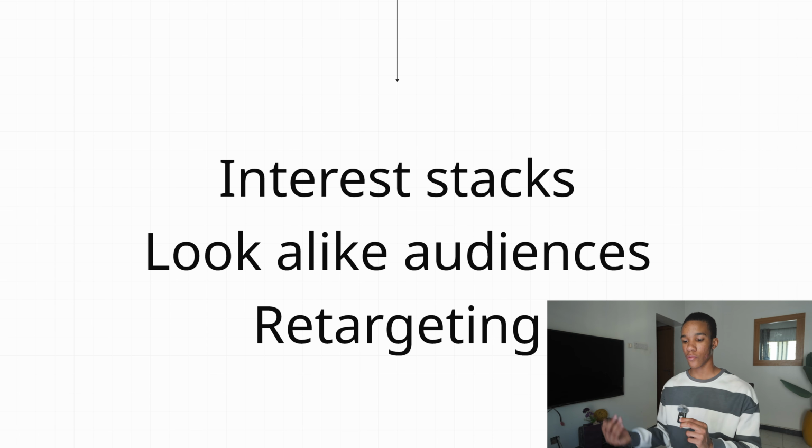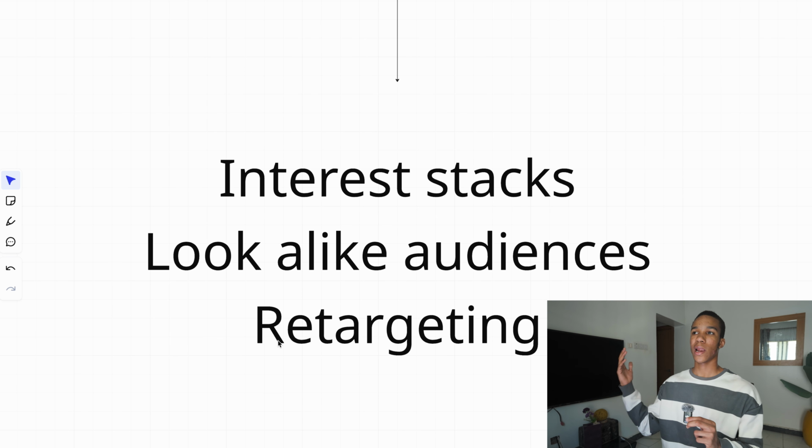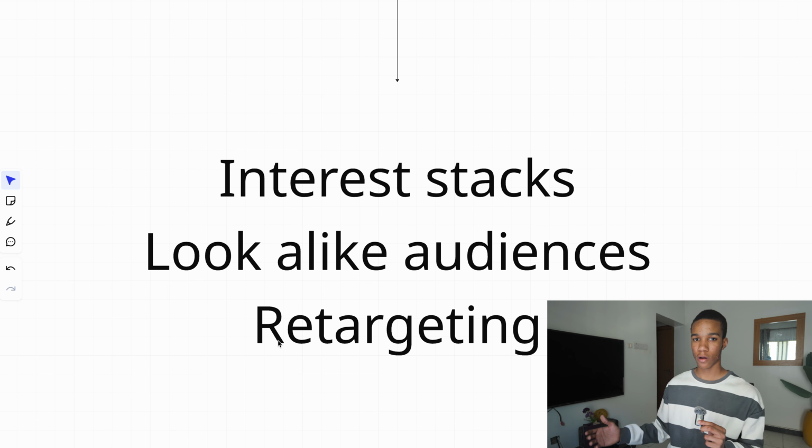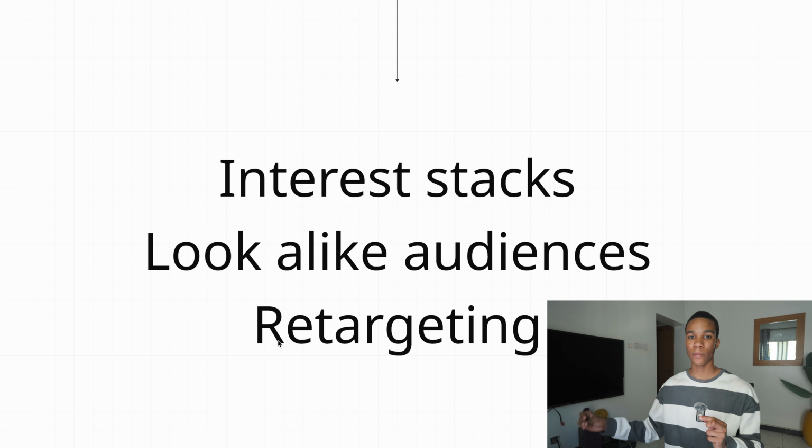And then we test our lookalike audiences from 1 to 5%, and we have an individual audience, 1, 2, 3, 4, 5, each lookalike audience on a single ad set. That just gives us the chance to test out more audiences and know which one works the best.